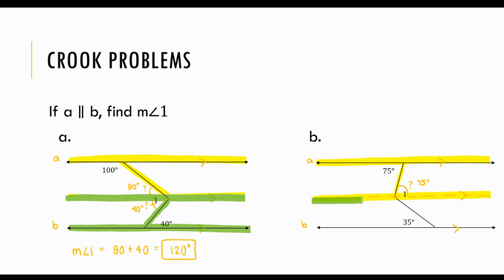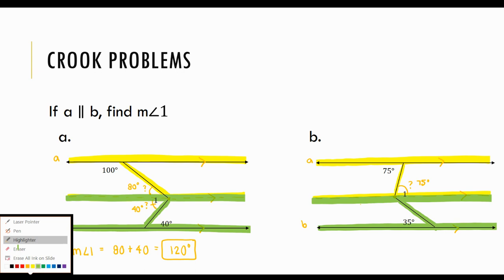Then I want to look at the bottom portion with its transversal. Once again, I want to figure out what this angle is. And given the information, that 35-degree angle is on the opposite side. So once again, I have another set of alternate interior angles.